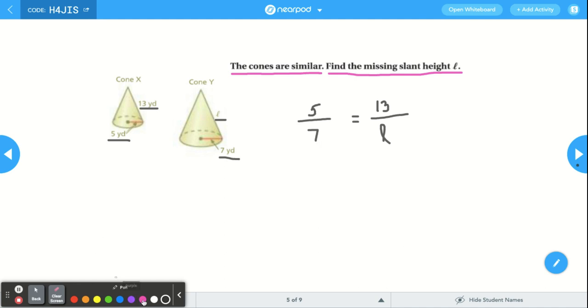So if I want to figure out what the answer is for this one, I'm going to do the cross products once again. So I'm going to multiply 5 times L and 13 times 7. So let's see, 13 times 7 is going to be 81. Oh, sorry. Let's go back. 13 times 7 is 91.